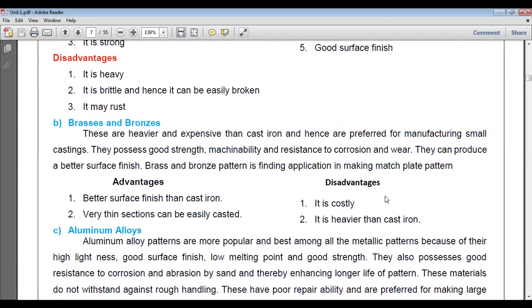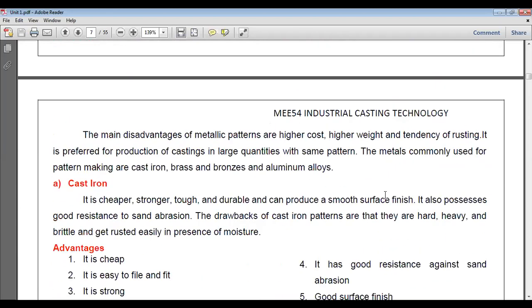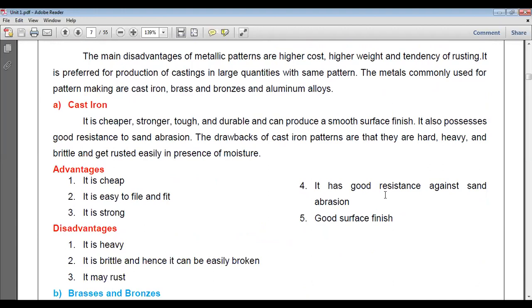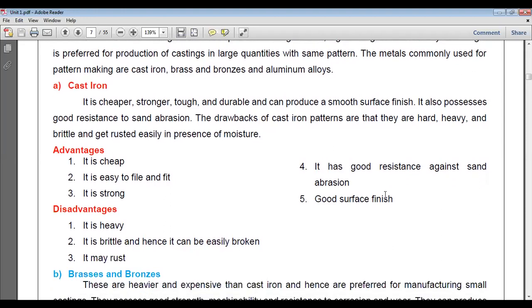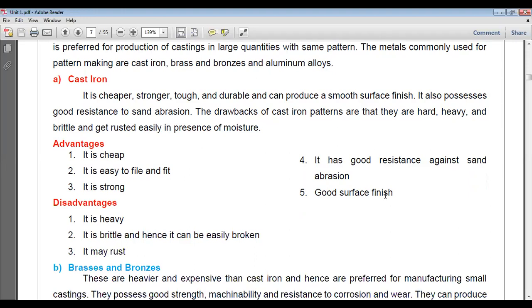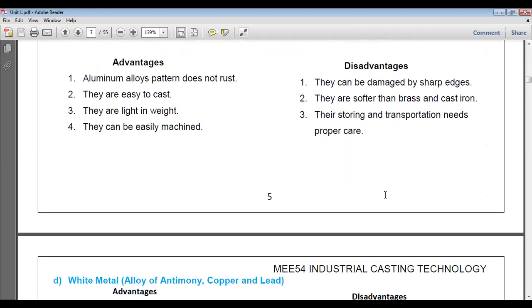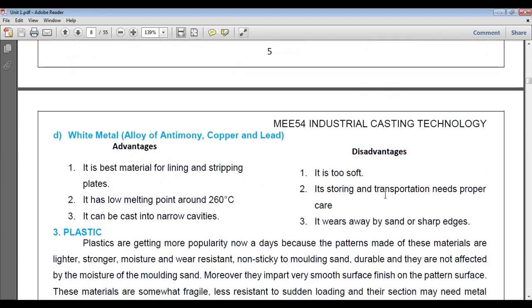Advantages: they can be easily crafted, they are cheap, easy to work, strong, and have a good surface finish and good resistance. These are the advantages of metals we normally use in making patterns. Disadvantages are that they are heavy, brittle, and rust. That's why they are less preferred compared to wood.